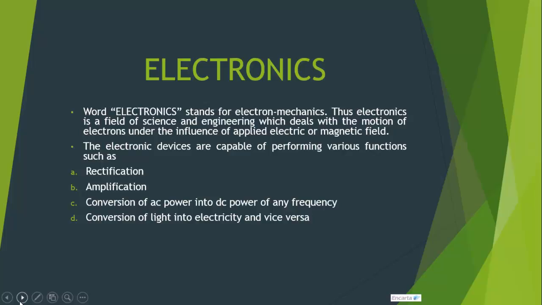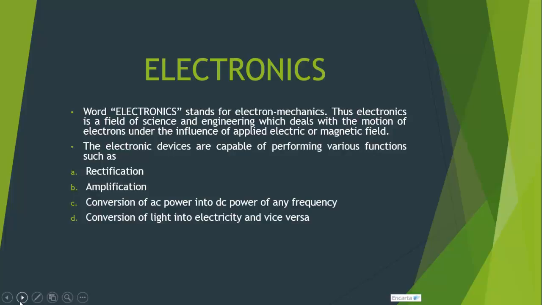The term electronics can also be defined as the field of science and engineering which deals with the electron devices and their utilization. Here the term electron device means the device in which the conduction takes place by the movement of electrons through vacuum, gas or a semiconductor.